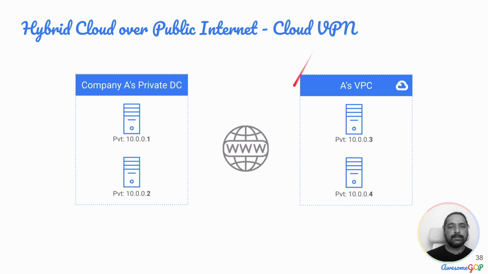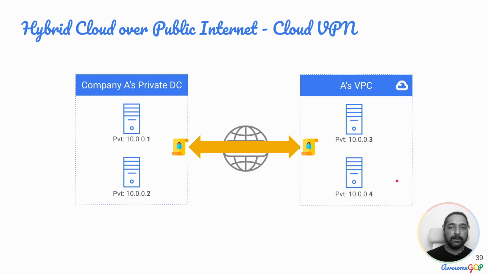The Cloud VPN, as I said, works over the public internet, but you get an encrypted channel with encryption on either end, so that they can communicate without man-in-the-middle kinds of attacks. The interesting thing about Cloud VPN is that it still allows private addressing.